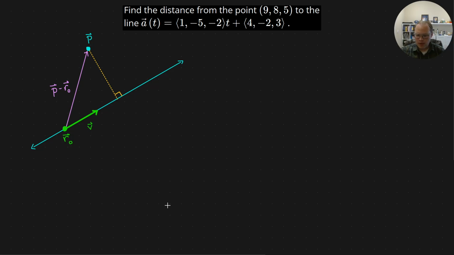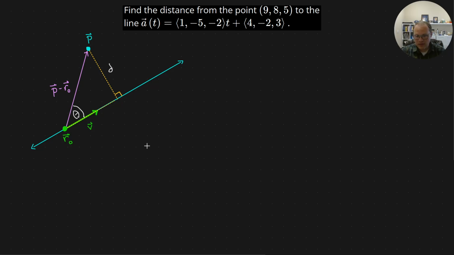Now, drawing this as a triangle, this is starting to look familiar, because we know that we could think about these as components of this vector here. And we know we can measure these components using the dot product and the cross product. In particular, if we think about the angle between the vector P minus R naught and the vector v, then we can use trigonometry to get the length of this side here.